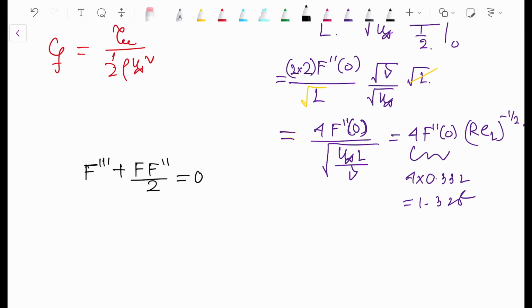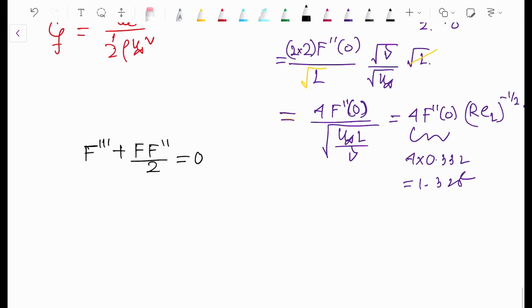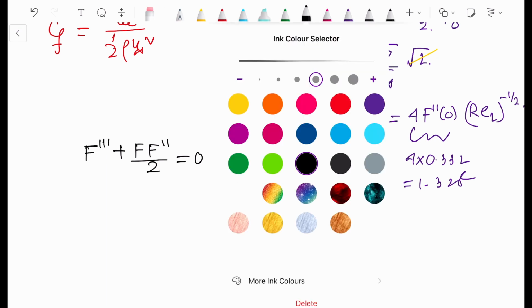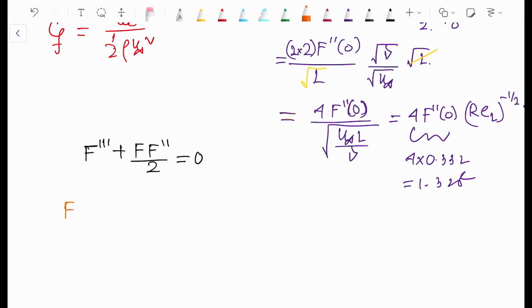So how can you solve this? You can break this into 3 first order ODEs. Let me define f dash equal to h.